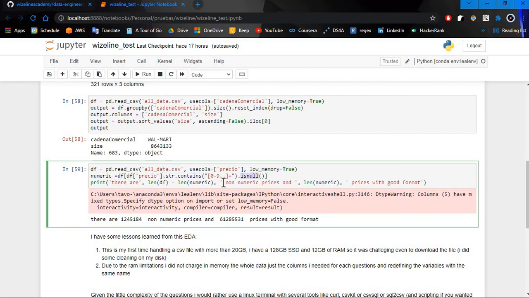So there are more than 1 million rows of non-numeric prices and more than 61 million rows with good price format. Good price format means it can be converted to null, to int or to float.